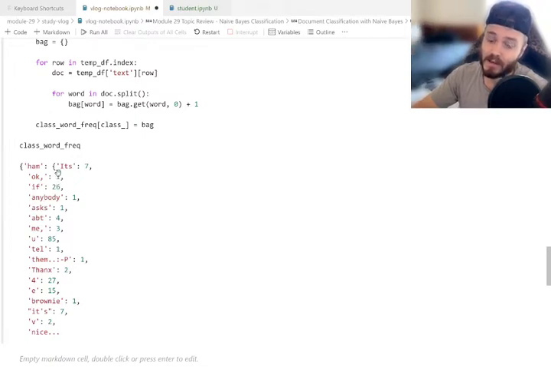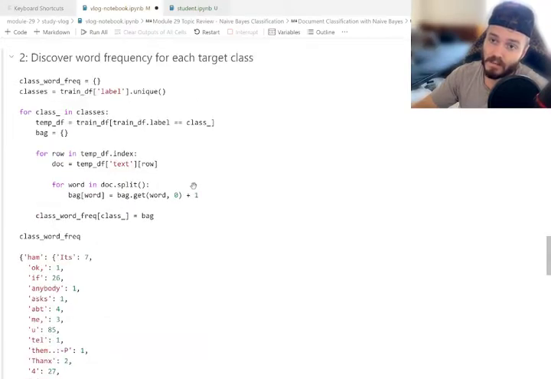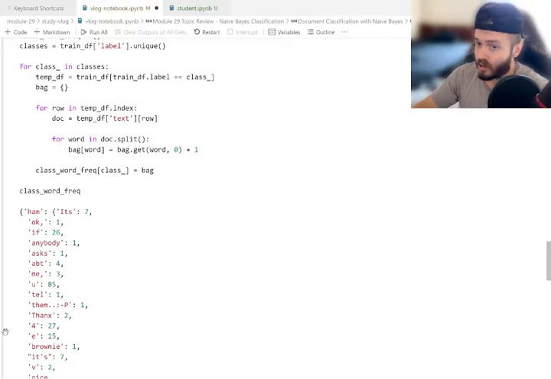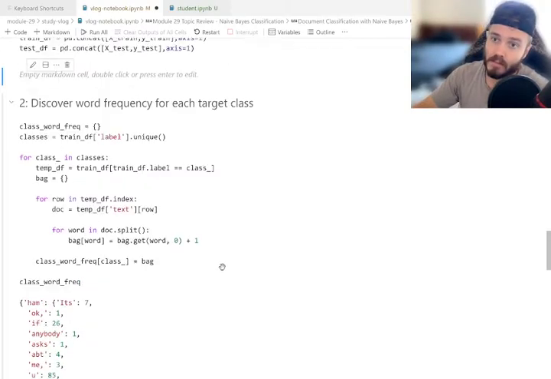And as the values of each of those keys, you're going to have another dictionary where each key is each unique word that occurs in that class, and then you're going to have the frequency, how many times that word occurs in that class. So you should get a dictionary like that by the time this finishes running.